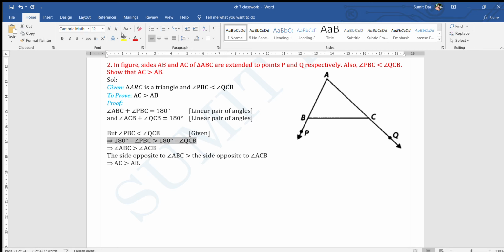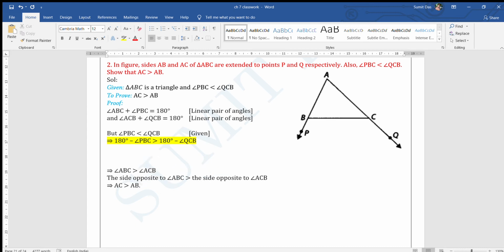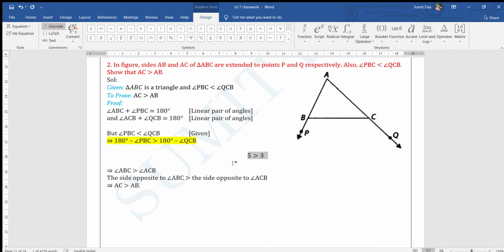For this line, I'm giving one example. 5 is greater than 3, yes or no, right? Now, can you tell me if minus 5 is greater than minus 3? 5 is greater than 3, I know.